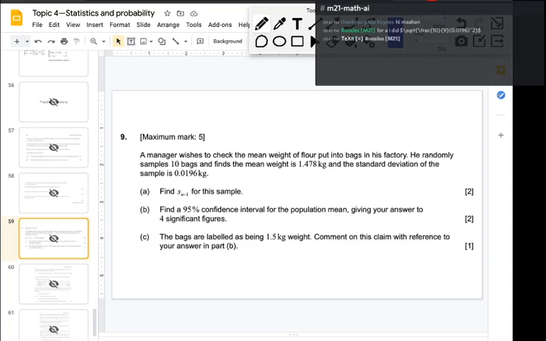So we have the standard deviation, 0.0196.